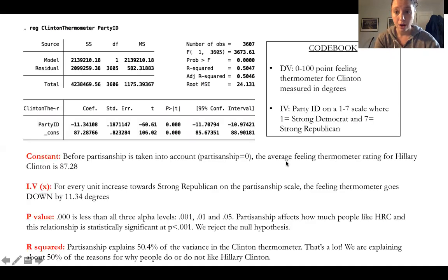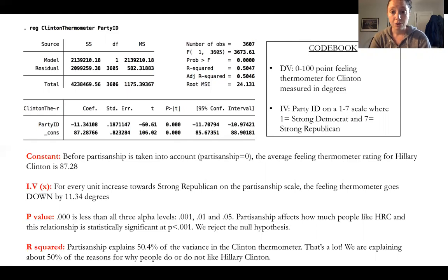Let's say that we want to know whether someone's partisanship predicts how much they like Hillary Clinton. So now we have two different variables. Look over here in our code book. Our dependent variable is another feeling thermometer, but this time for Hillary Clinton.